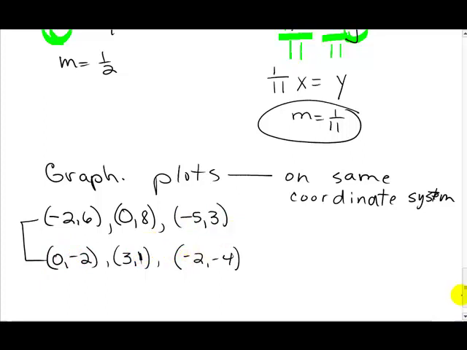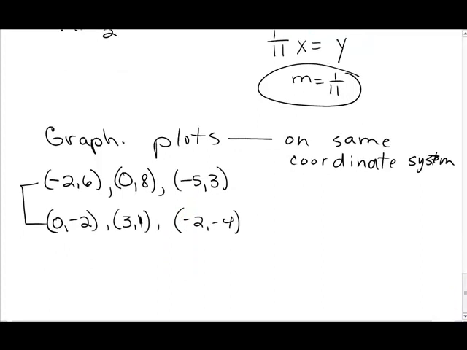Okay, graph those. And then we're going to graph these points on another coordinate system. We'll have 2 lines.